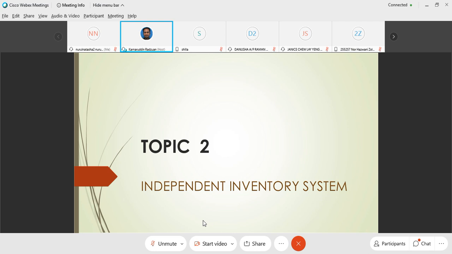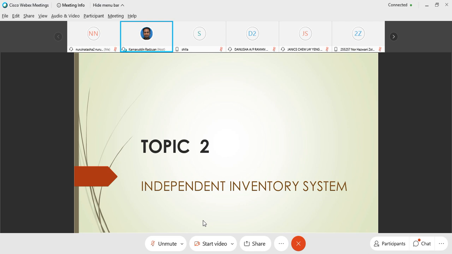So half of the discussion in this topic will be focused on the forecast. How do we do the forecast for the purpose of inventory planning? And the rest of the slides will discuss the function or activity in the organization.